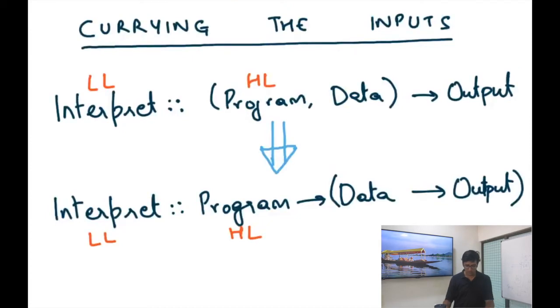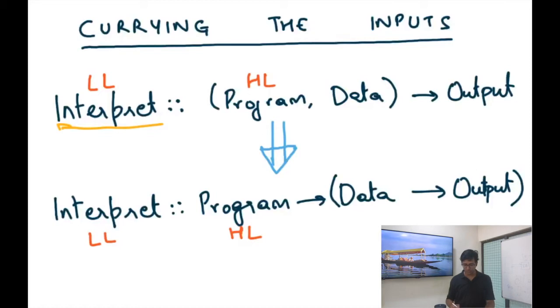Okay, so to basically represent this more precisely, I'm using these annotations in red. LL stands for low level and HL stands for high level. And so the interpreter itself is written in low level instructions, while the program is written using high level instructions. Now, it is possible to write the interpret function here slightly differently. Instead of saying that it takes two arguments, program and data, how about we stage these arguments?